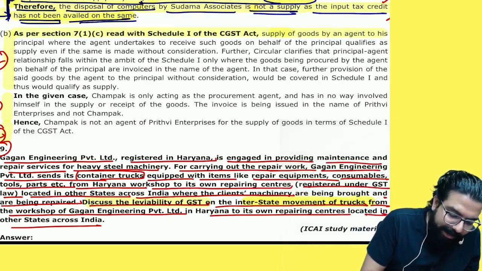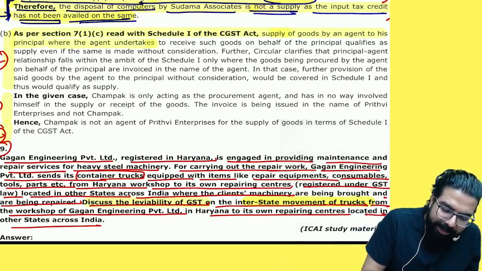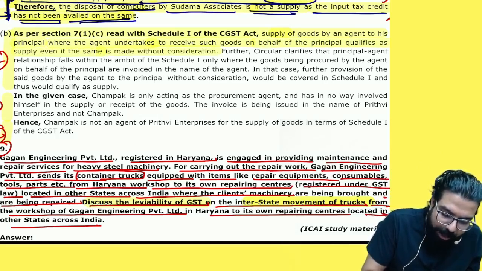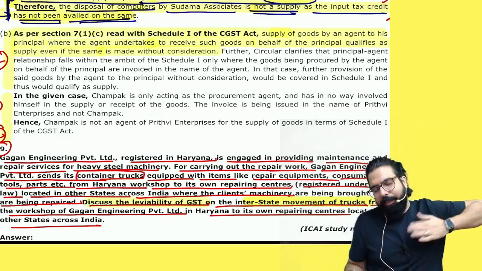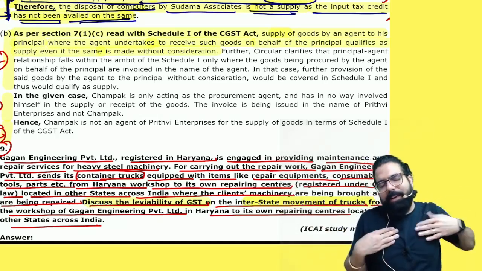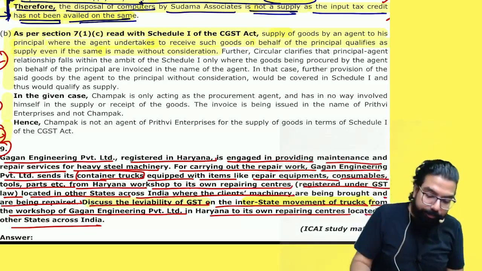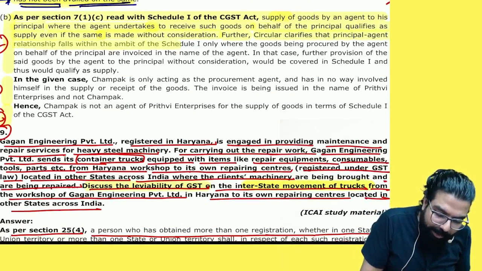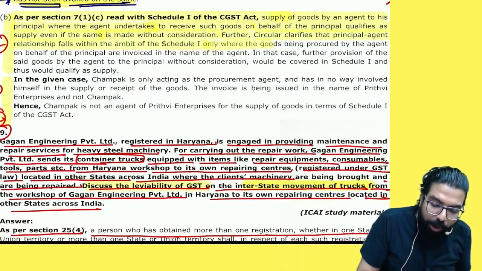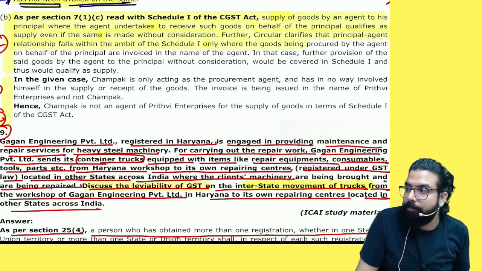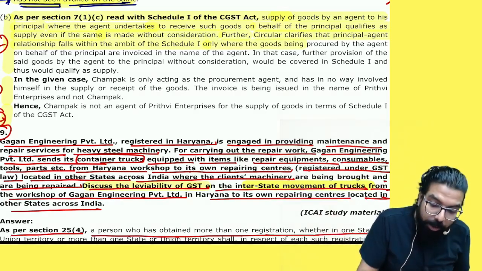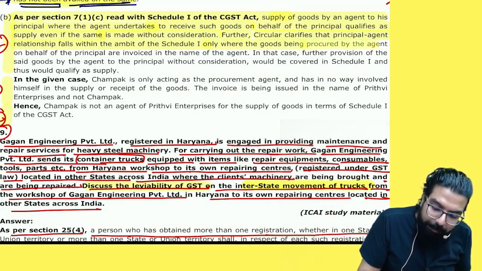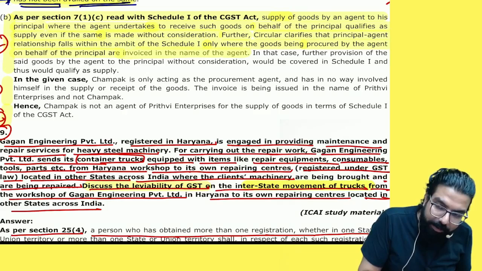Supply of goods by an agent to his principal, when the agent undertakes to receive on behalf of the principal, qualifies as supply even if without consideration. Is the agent receiving on behalf of the principal? Is the agent receiving in his name? Yes. Further, the circular clarifies that principal-agent will fall within the ambit of Schedule 1 only when the goods procured by the agent on behalf of the principal are invoiced in the name of the agent.